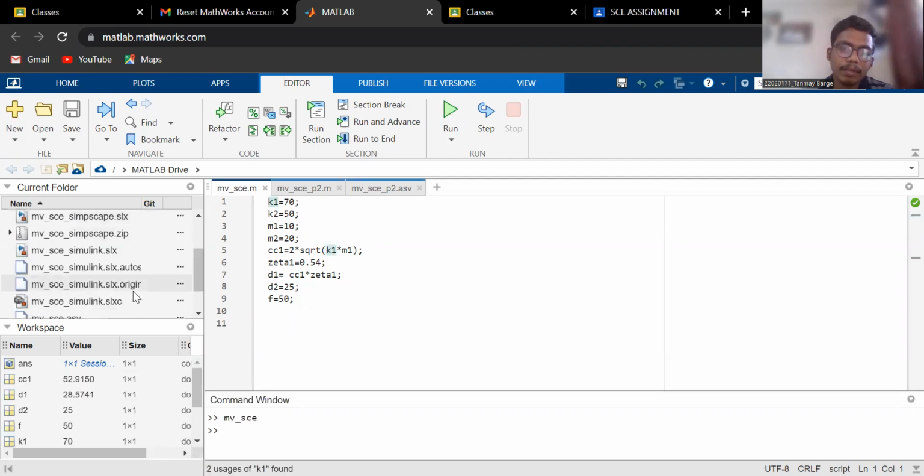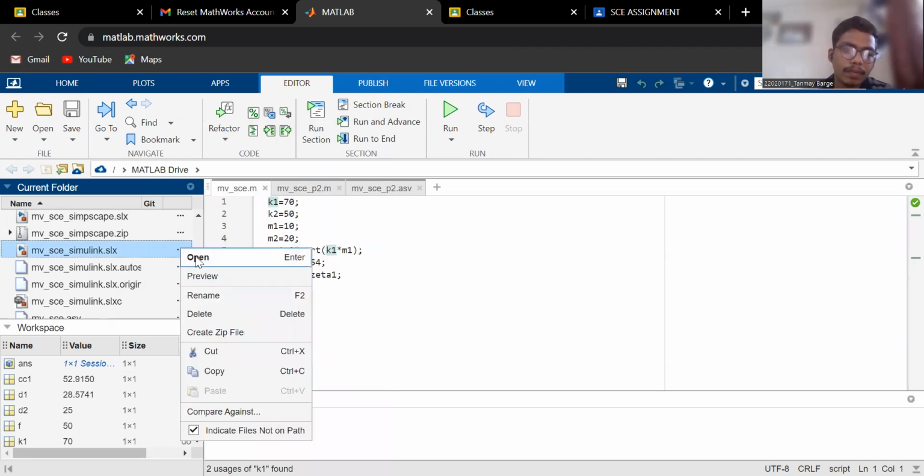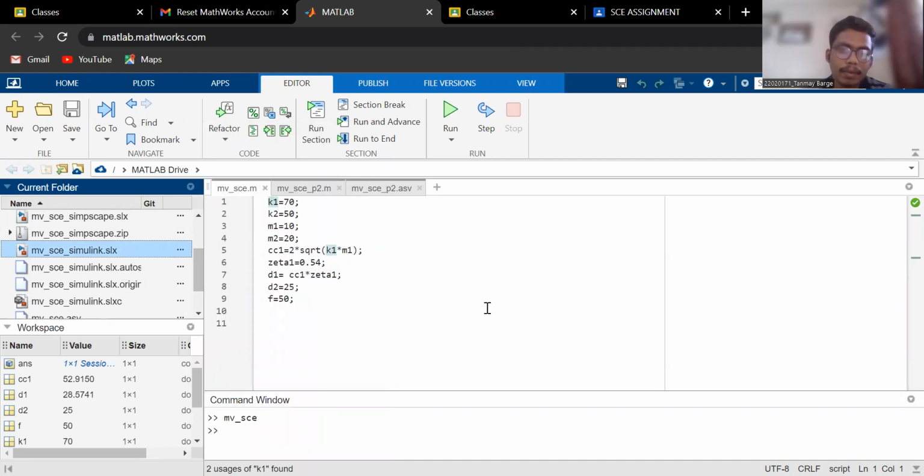After running, we have to open Simulink software.